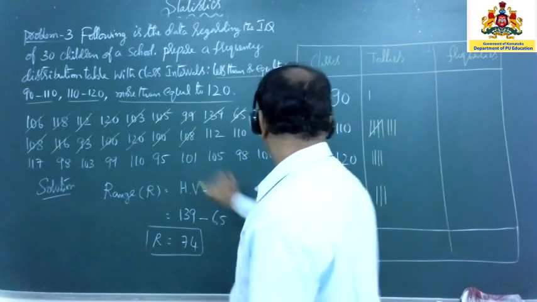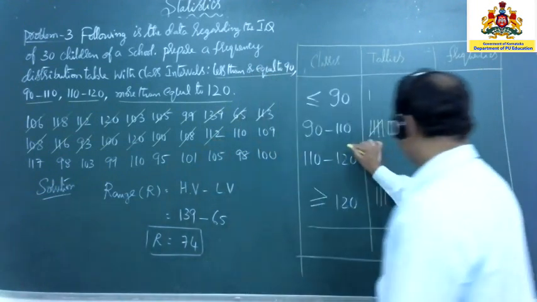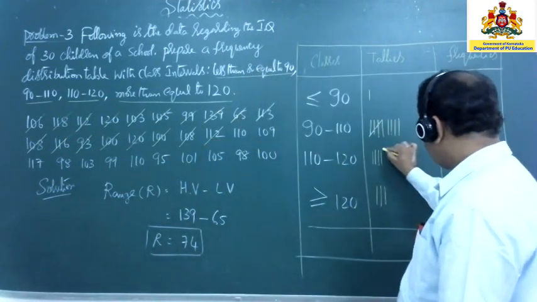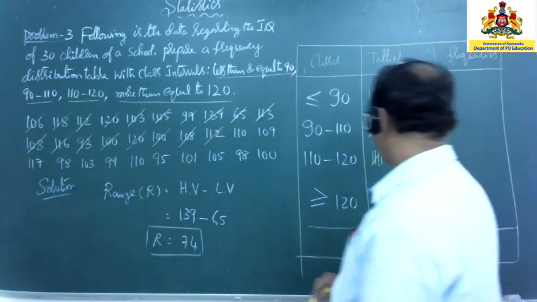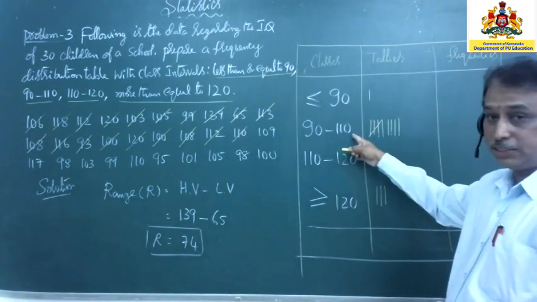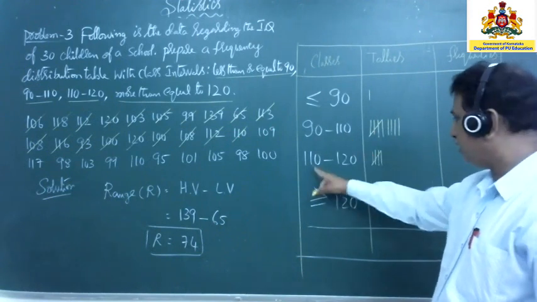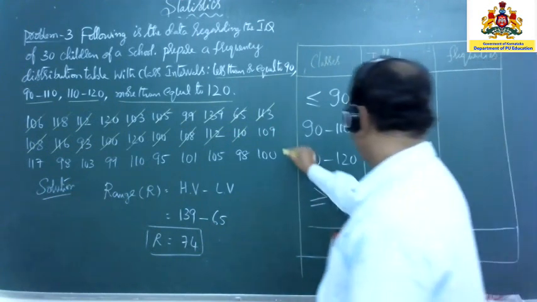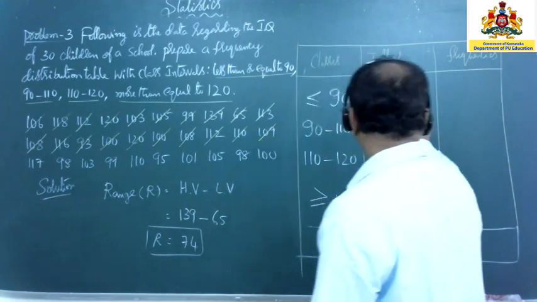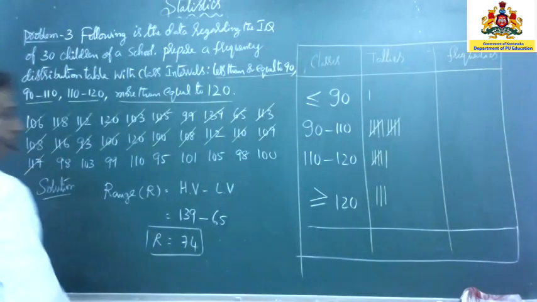Next 108 here. 112 here. Next 110. It is the exclusive type, so the upper limit we should not consider. 110 you have to put here. Next 109. Next 117.